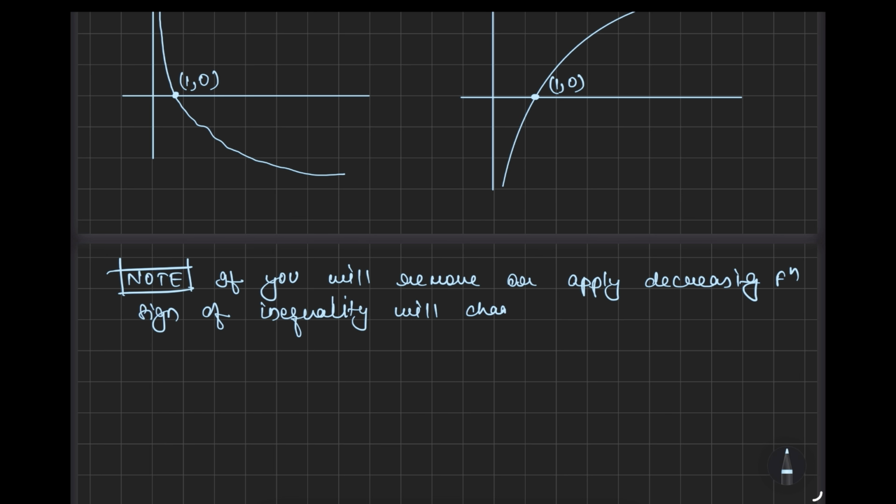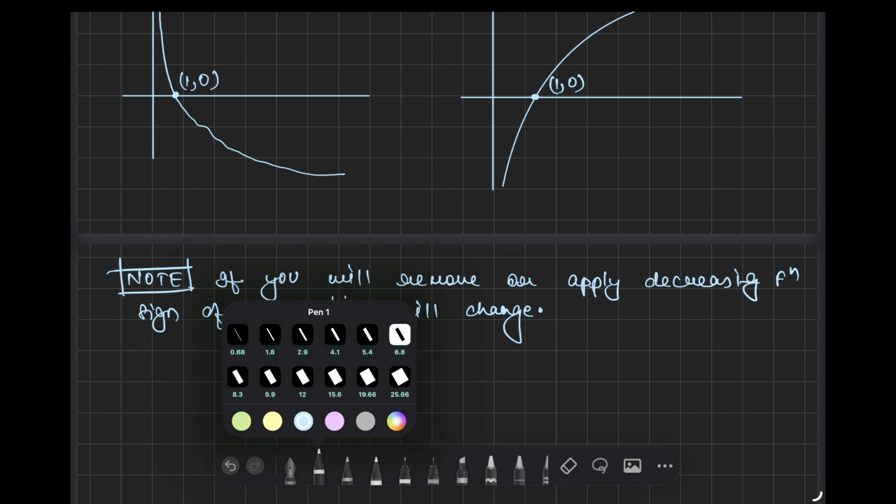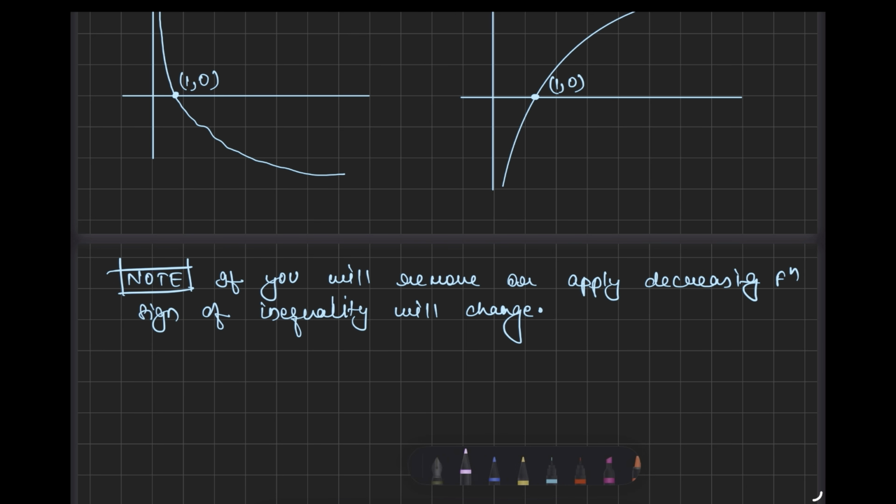Like, try to understand this part. Suppose, I'll take some example. Look at this. Suppose this is x1, suppose this is x2. So if you apply x1 you will get this output.